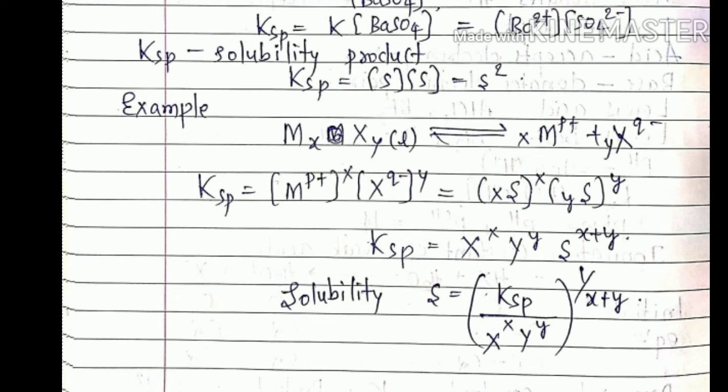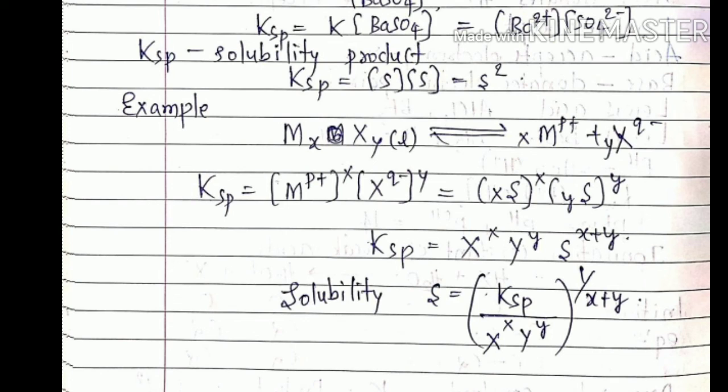As an example, consider MxXy, which gives x number of M^p+ and y number of X^q-. Ksp is equal to [M^p+]^x [X^q-]^y, which is (xS)^x (yS)^y. So Ksp is equal to x^x y^y S^(x+y).